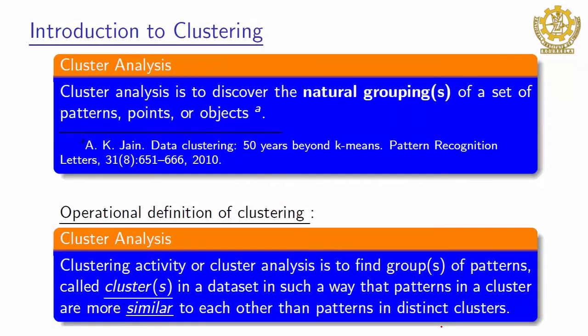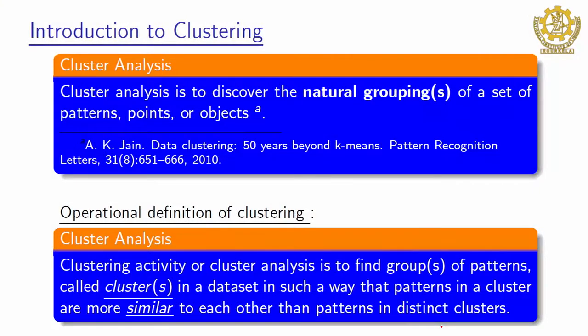With this definition it is really difficult to work, especially to do computations, with making a natural grouping of the instances, because what is natural to me may not be natural to you. One example: I say this student is really excellent, and his fellow student will say he is not that excellent. Therefore, the word natural is very vague, and it is really difficult to work with this definition.